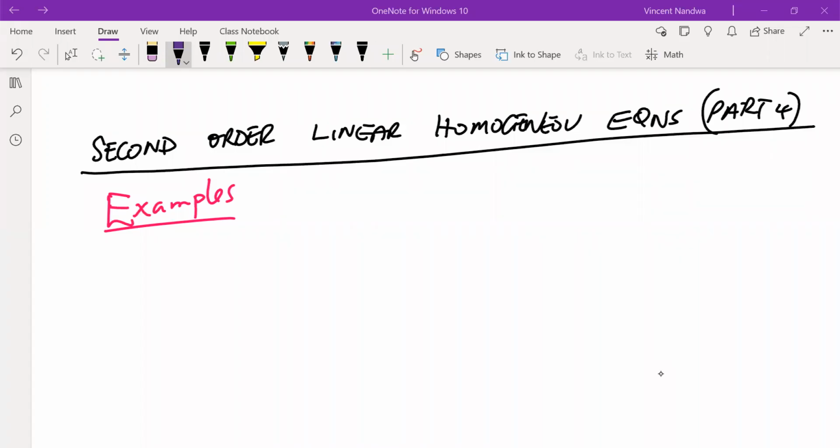So welcome again. We continue with examples on solving second order linear homogeneous differential equations.